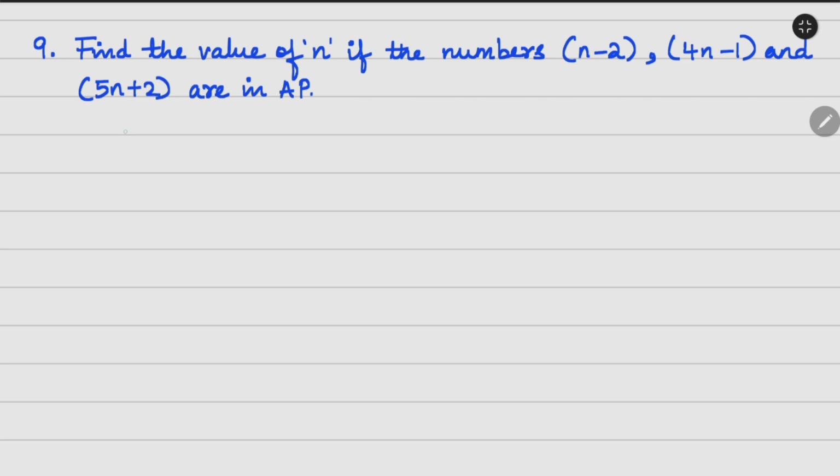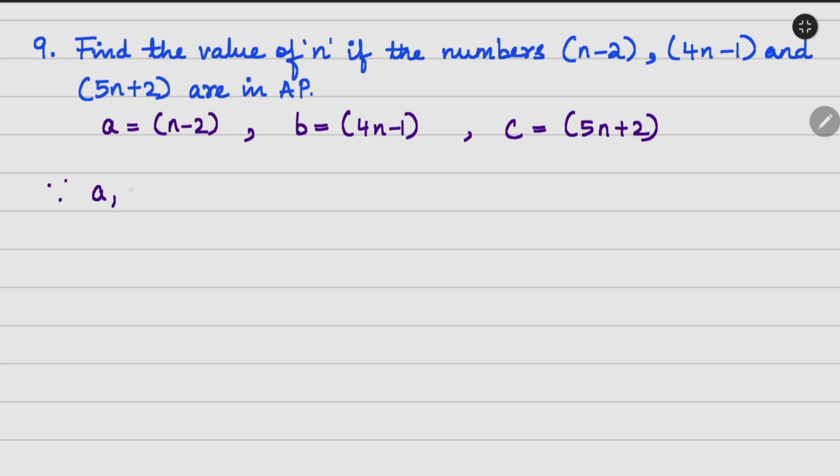So let the first term be A. So A is equal to n minus 2. The second term be B, which is 4n minus 1. And let C be equal to the third term, which is 5n plus 2. Correct? We know that since A, B, C are terms of an arithmetic progression, therefore, the common difference, that is B minus A, will definitely be equal to C minus B. Let's rearrange it.